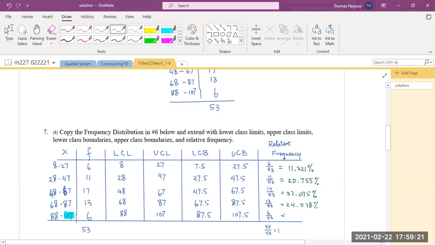And 6 over 53 will be 11.321%. A total of 100%.